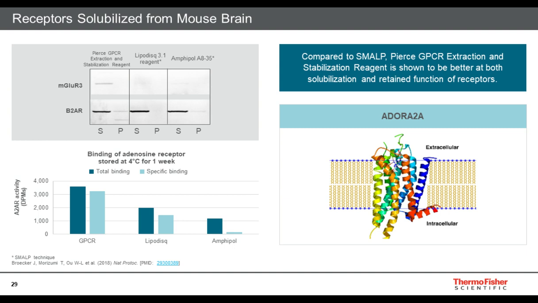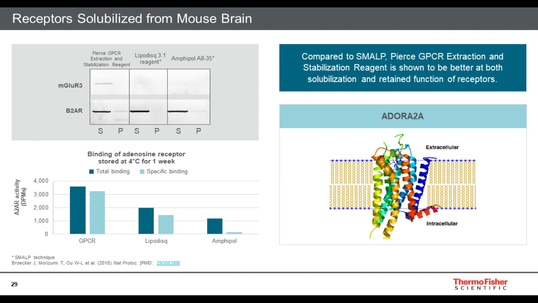Adenosine receptor 2A, or ADORA2A, was solubilized from mouse brain tissue with the whole cell lysate method and the GPCR reagent, or the SMALP method using either lipodisc 3.1 or amphipol for polymer stabilization.